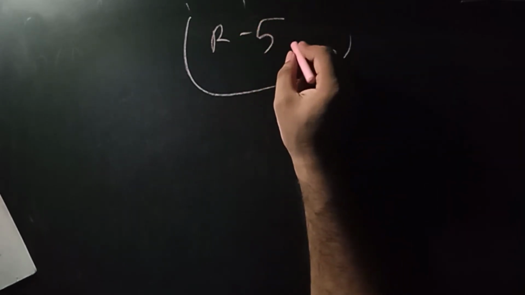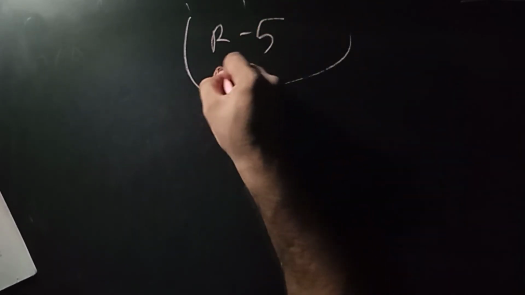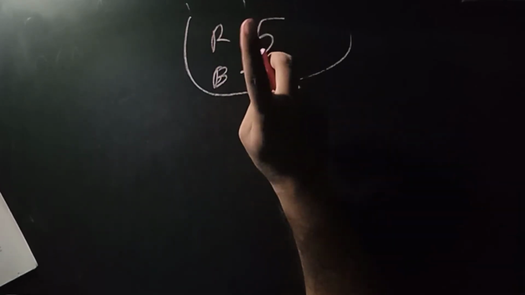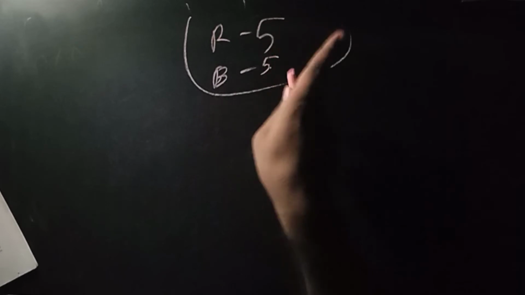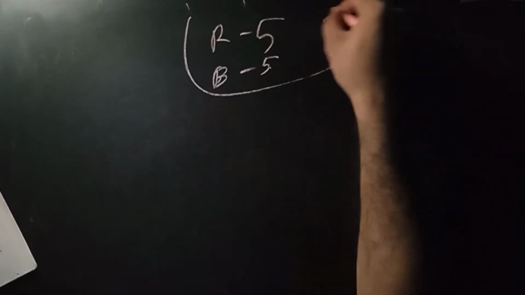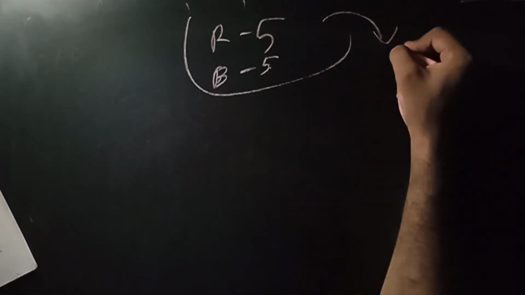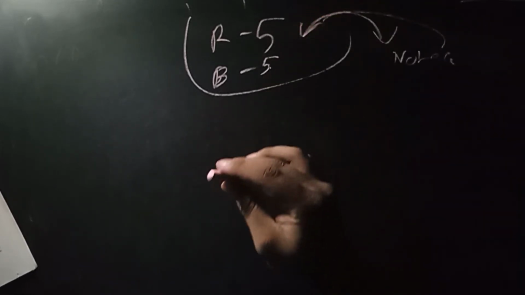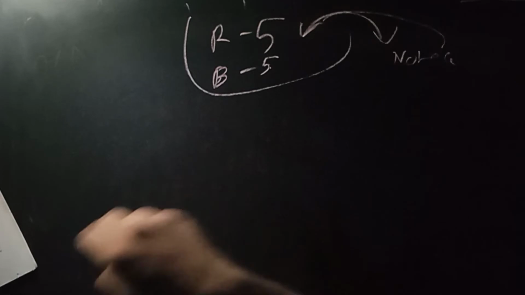An urn contains 5 red and 5 black balls. A ball is drawn at random, the color is noted and returned to the urn. So the ball is drawn, noted and returned back to the urn.